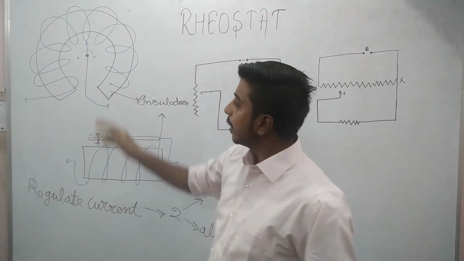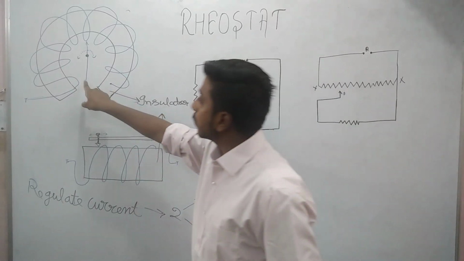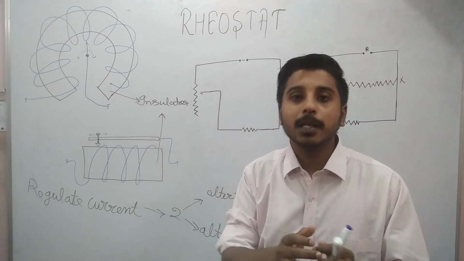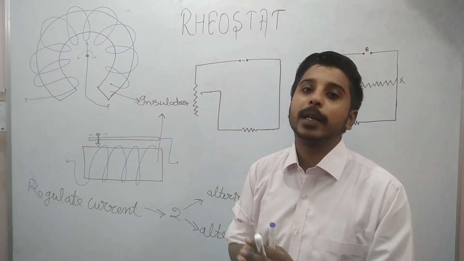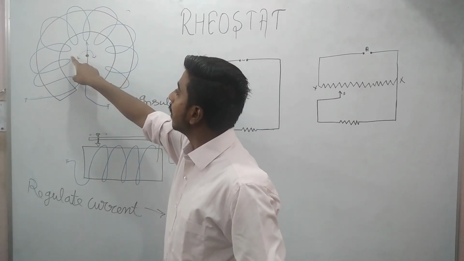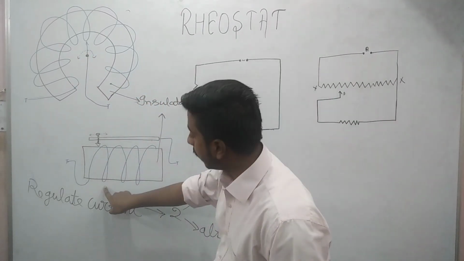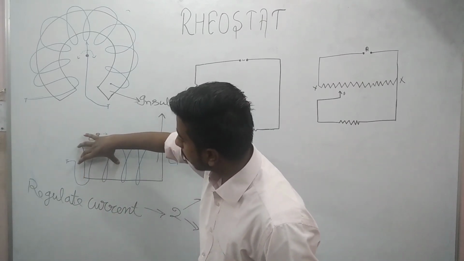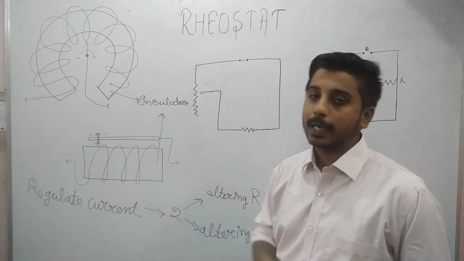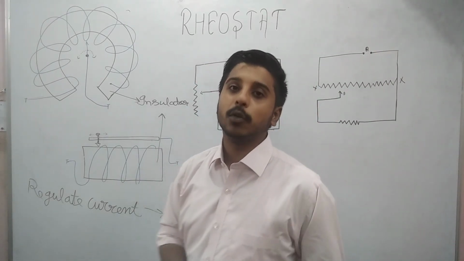You will say that I have said the wire is insulated, but small portions in these areas have strips which are non-insulating, which means they are conducting, and we can connect the wiring from these parts. So I can use only this part up to this small part of rheostat, or I can use the full part of the rheostat. This is the basic construction of rheostat.